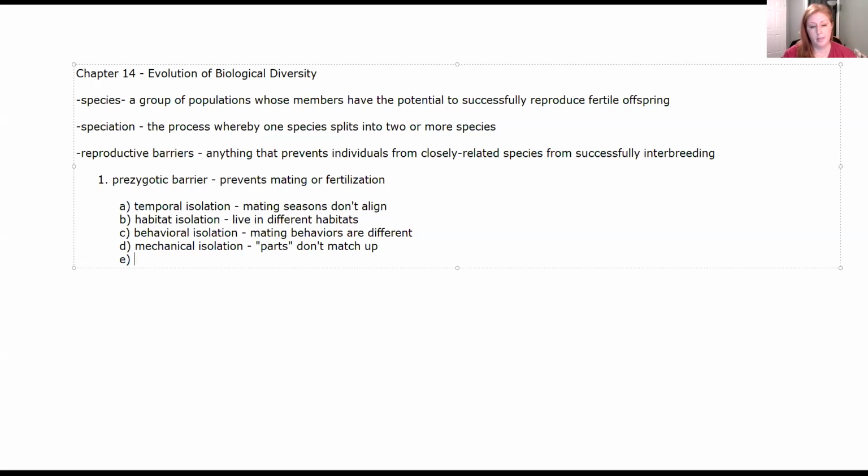But yeah, okay. And then finally, we have something called gametic isolation. And the thing with gametic isolation is this happens if mating occurs.